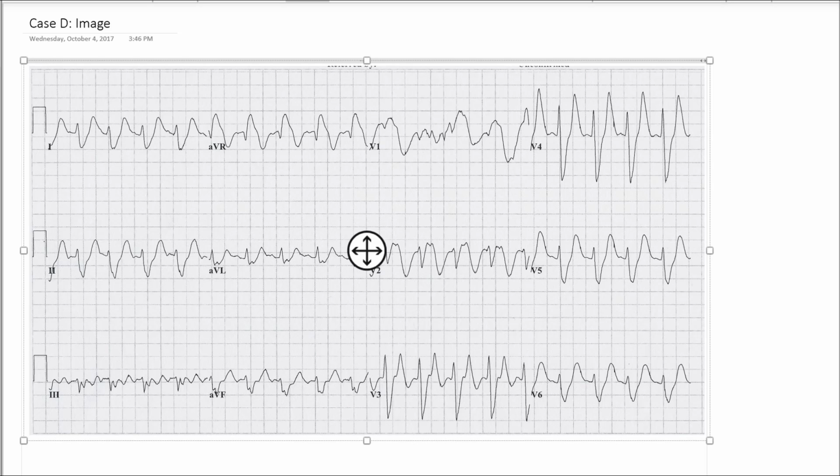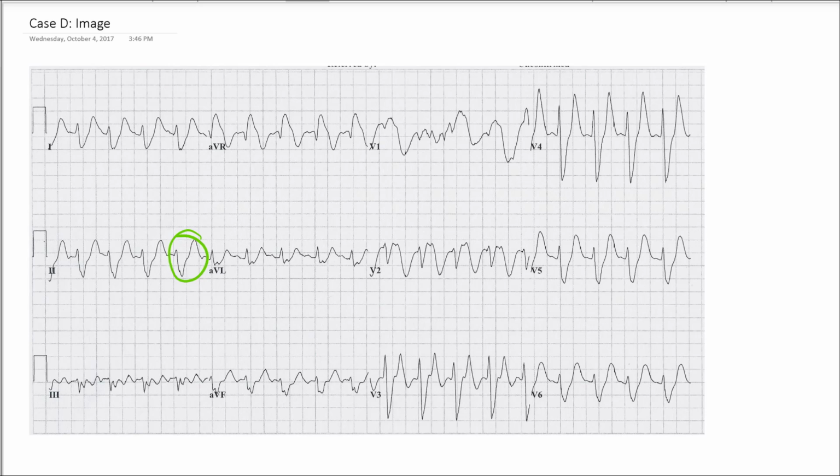One of the things that we see significant on this is, man, her QRS is pretty darn wide. Those T's are very peaked. She's tachycardic. This is a very concerning EKG.